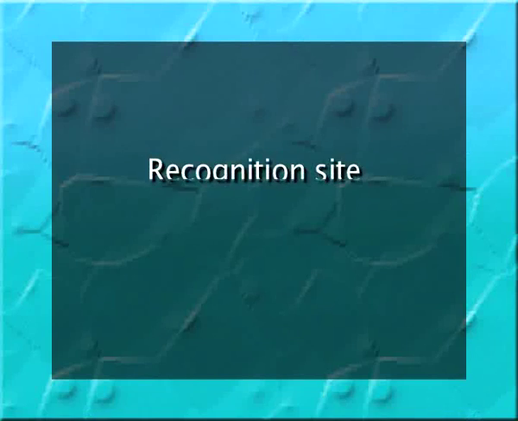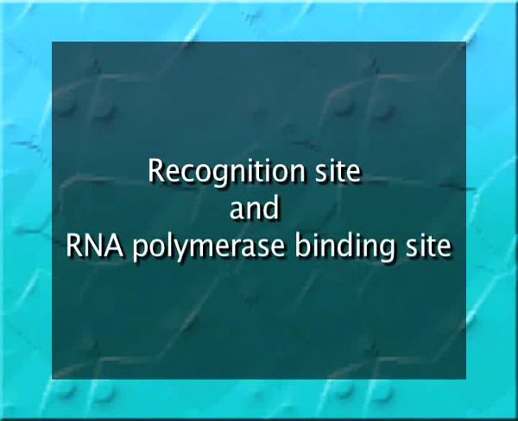The promoters have two regions of highly conserved sequence with a recognition site and RNA polymerase binding site. Now, what is a recognition site and RNA polymerase binding site?